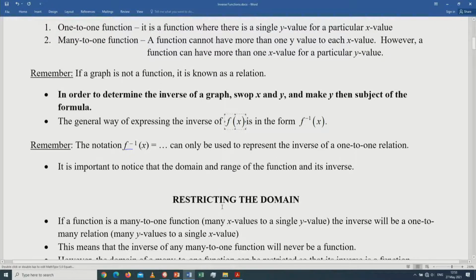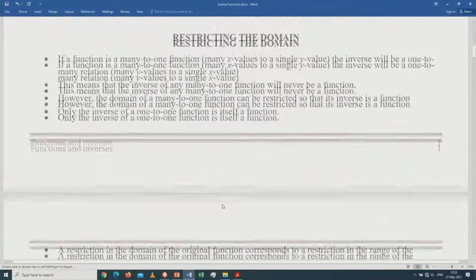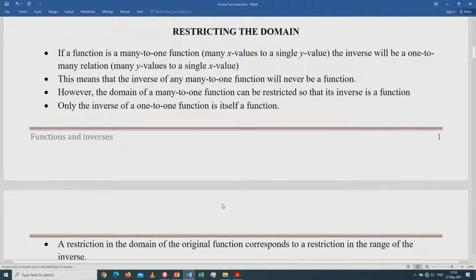More often we have a quadratic function, y equals ax squared. If you have y equals ax squared, it's a quadratic function, and the inverse thereof will not be a function. So the question is, how can we restrict the domain, the x values of the original function, so that the inverse should also be a function?